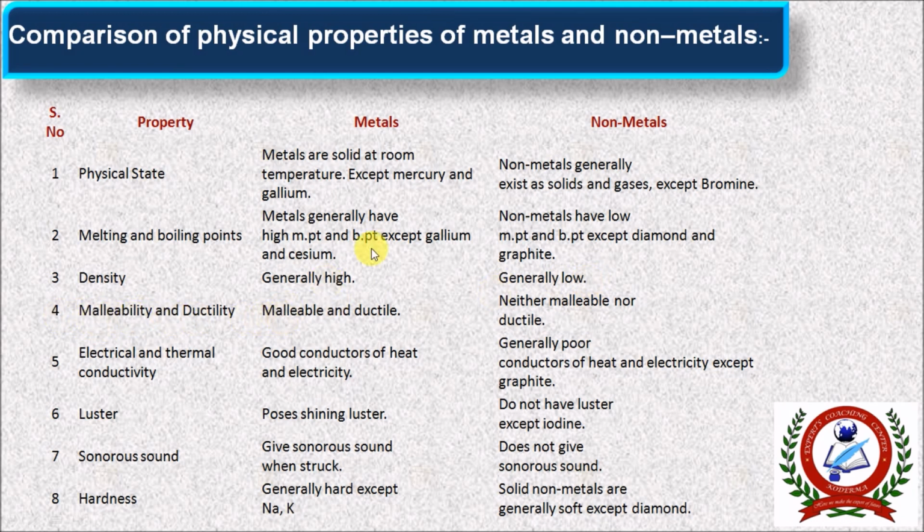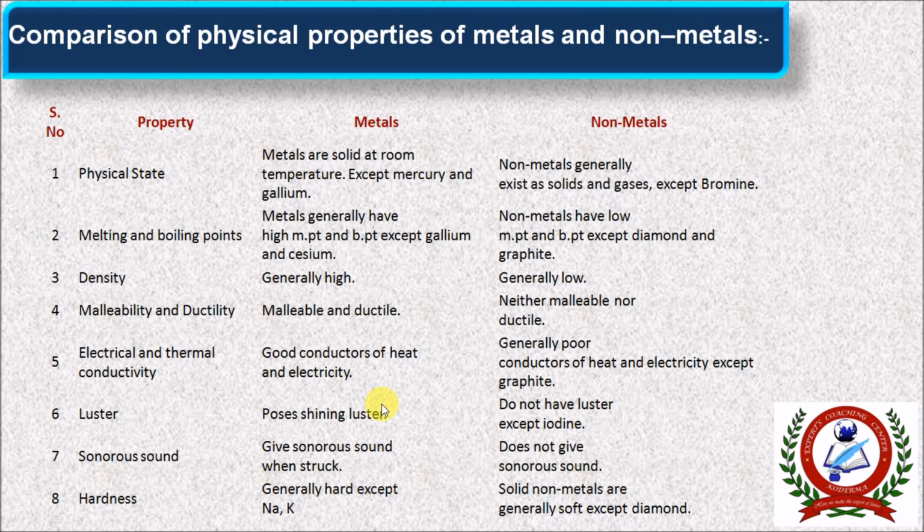Malleability and ductility: metals are malleable and ductile. Nonmetals are neither malleable nor ductile. Electrical and thermal conductivity: metals are good conductors of heat and electricity, whereas nonmetals are generally poor conductors of heat and electricity except graphite, because graphite can conduct electricity. Luster: metals possess a shiny luster.